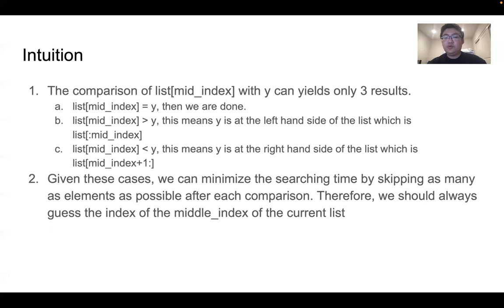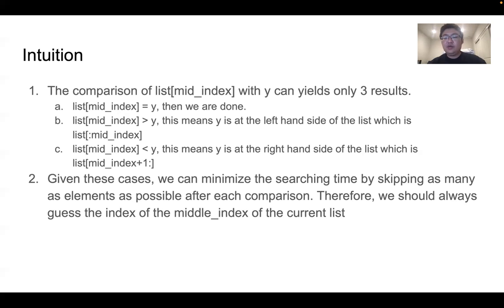In the second case, where list of mid index is greater than Y, that means Y is at the left-hand side part of the original list, which is list of the first element to the mid index. In the third case, the number is less than Y. That means Y is bigger, so it's in the second part of the original list, and that is list of mid index plus 1 to the end.